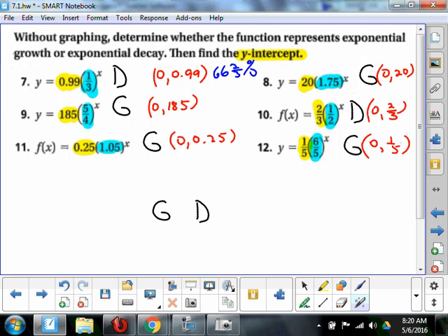What about the growth rate in number 8? For growth rate, you take the b and you subtract 1, and then you make that a percent.